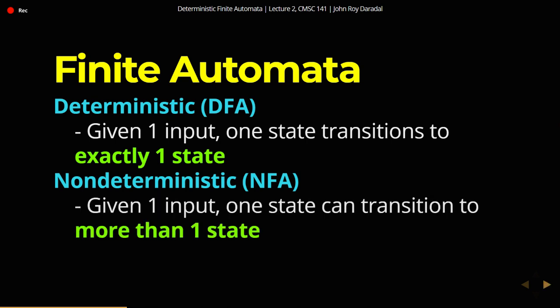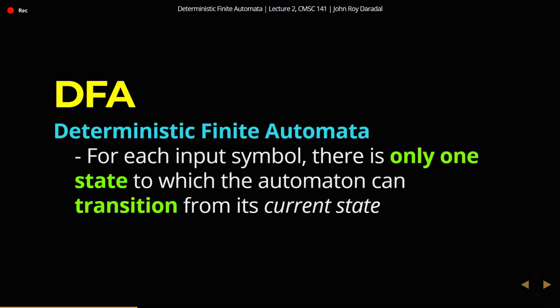However, in non-deterministic finite automata, or NFA, given one input, one state can transition to more than one state. So we will see this in the later lectures when we discuss non-deterministic finite automata. But for now, we'll focus on the deterministic finite automata. So for each input symbol in the DFA, there is only one state to which the automaton can transition from its current state.